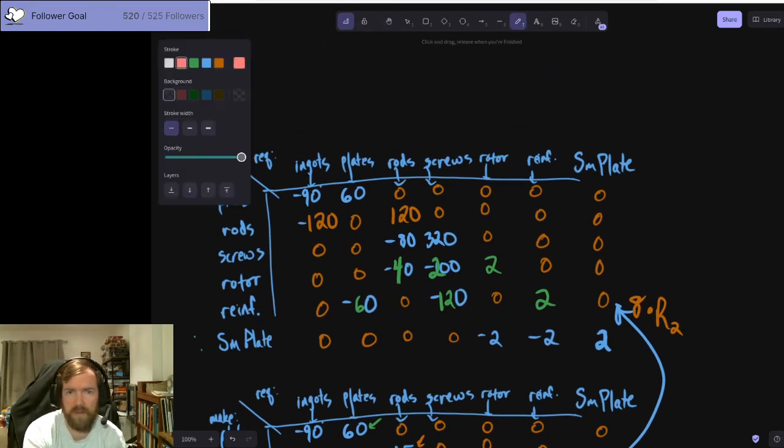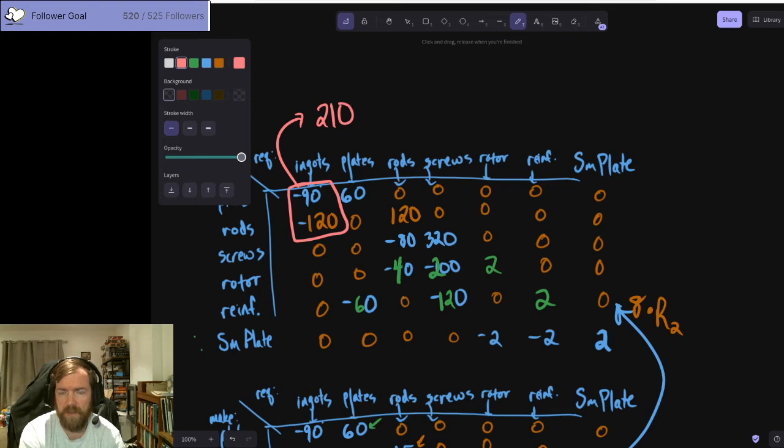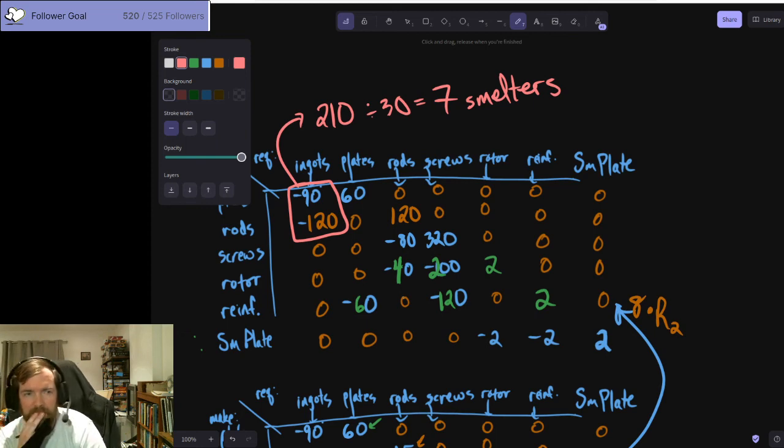Right? Is 210 divided by 30, it's going to be 7. Okay, so 7 smelters.